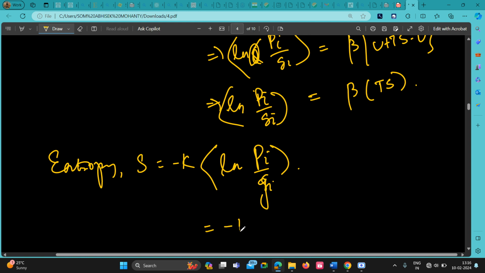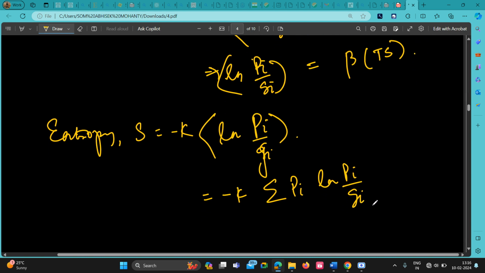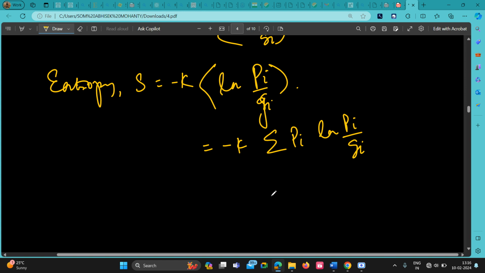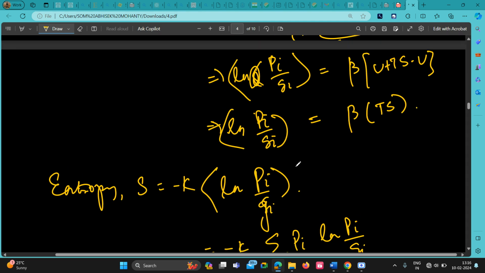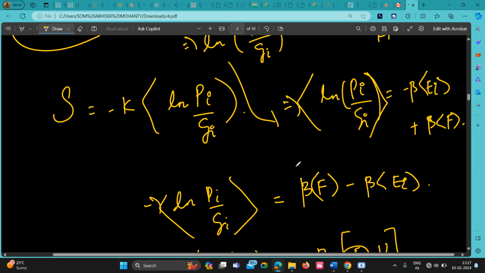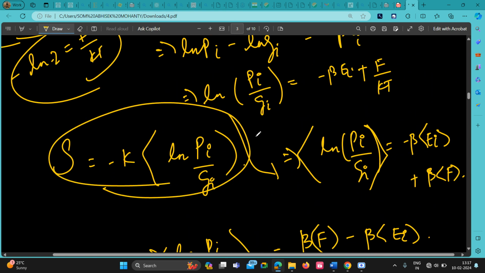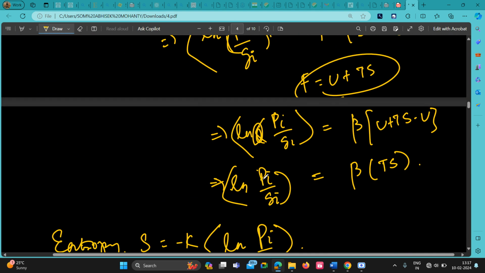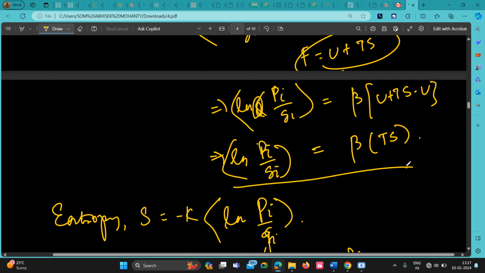Okay, that is minus k. I can also write this as summation Pi ln Pi by Gi. See, actually this one is derived from this one. If you derive it, you got this much, right?